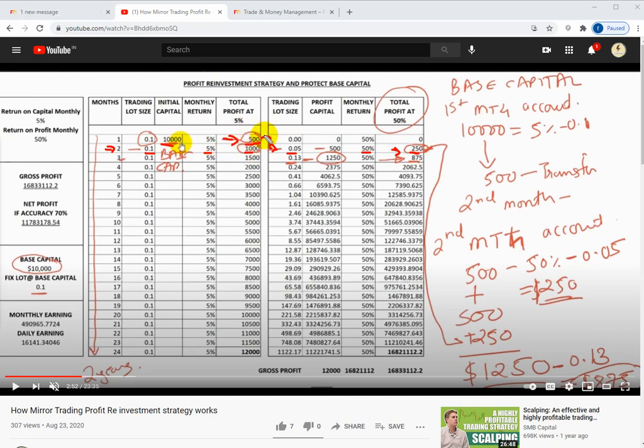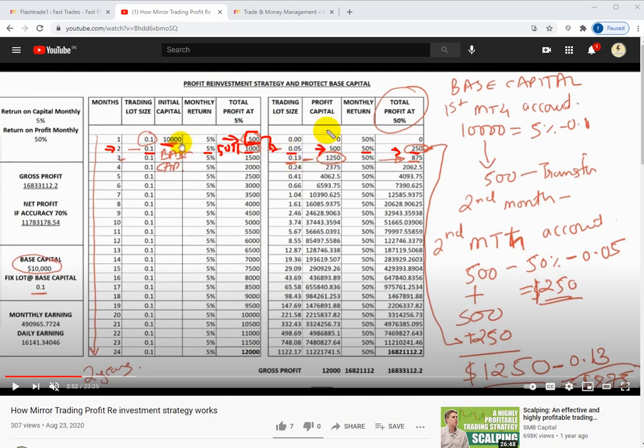How? The $500 of the first month and $500 of the second month, so total $1,000 profit on the first MT4 account, and here $250 return. Now the profit of the first month, which is $500, is the base capital.